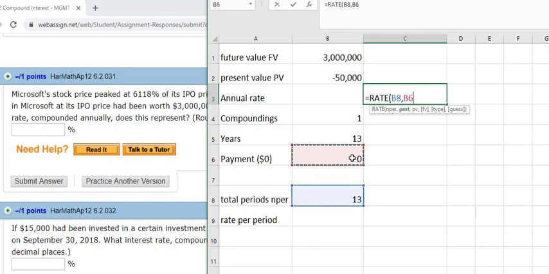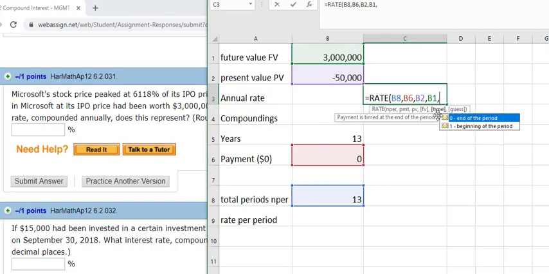The payment, no additional payments. Present value, a negative 50,000. Future value, a positive 3 million. Those just have to have different signs. And then the type, default to 0 for end of the payment. And then a guess, you don't have to put in a guess. It helps Excel do the numerical calculations, but you can ignore the type and the guess.